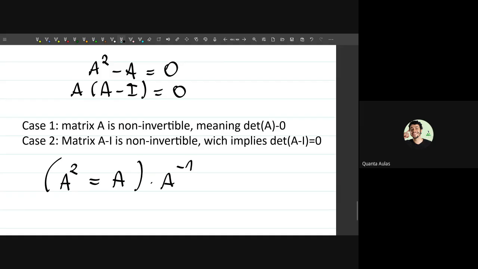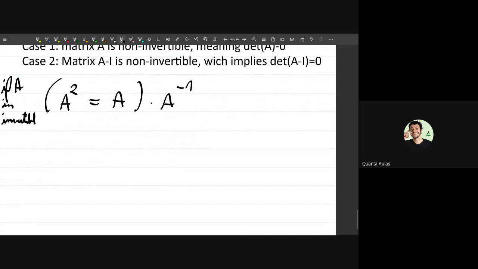If it is invertible, under our supposition. My handwriting is the worst. So if you do this, you will get this thing here. Thus, if A is invertible, it must be the identity matrix.